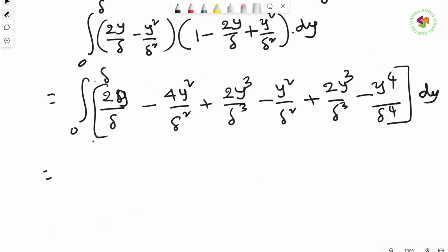So now if I do the integration, y dy means 2 by delta into y square by 2.